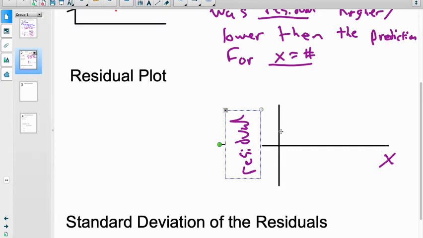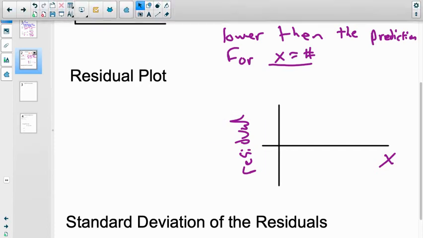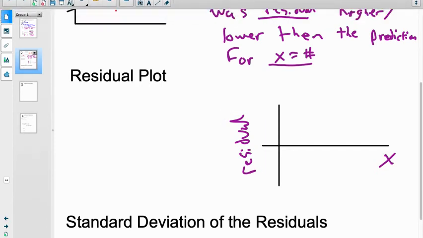With a residual plot, what you want, if the data is linear, is random scatter, something like this. Just random above and below, no sort of pattern there. It's bad if you see a pattern.